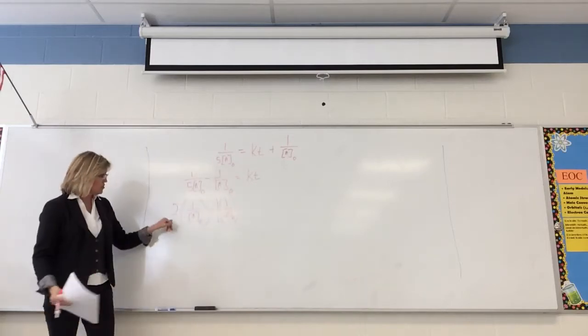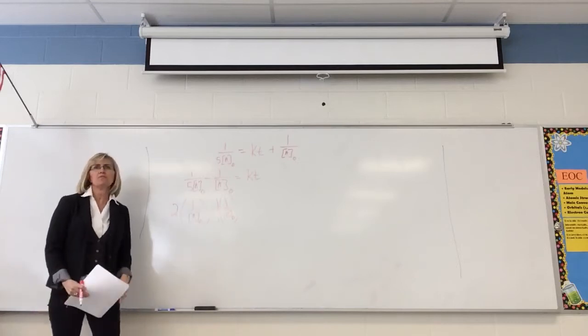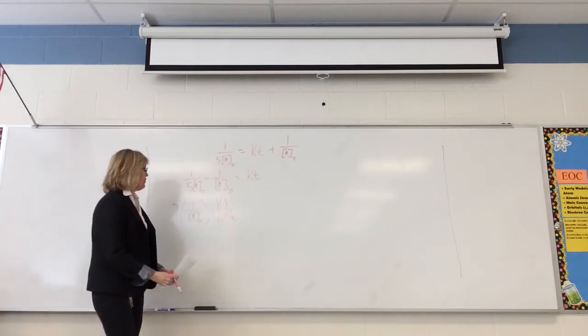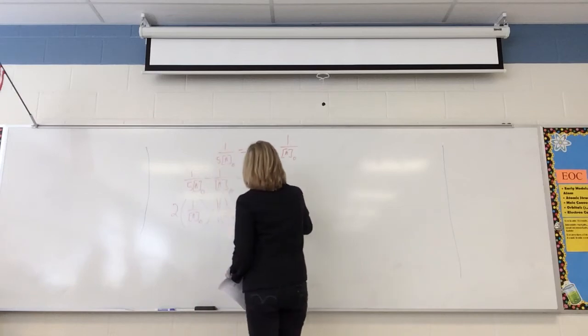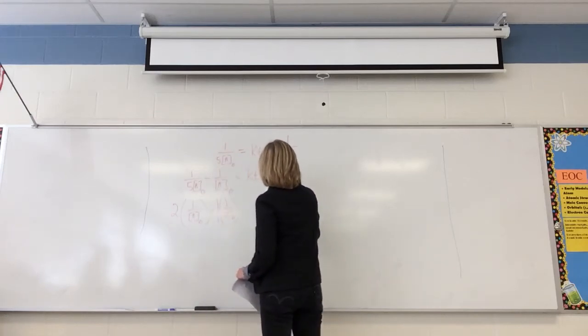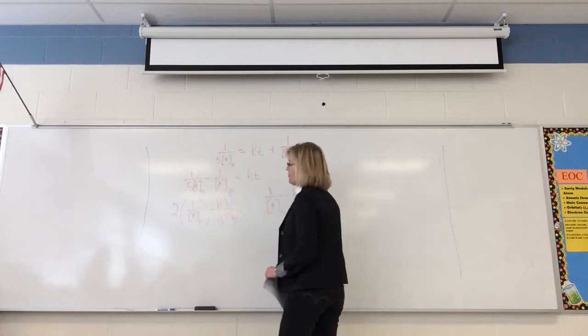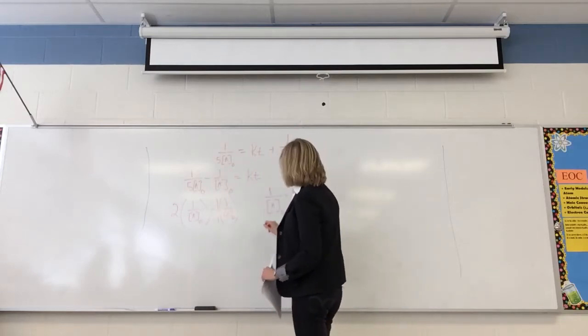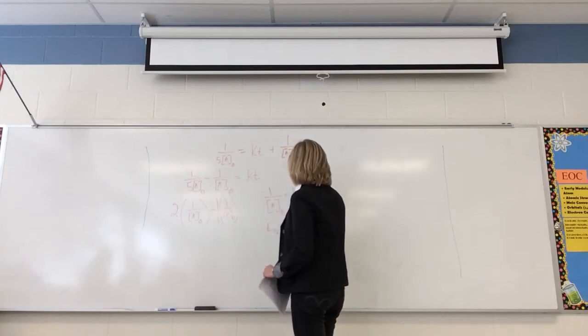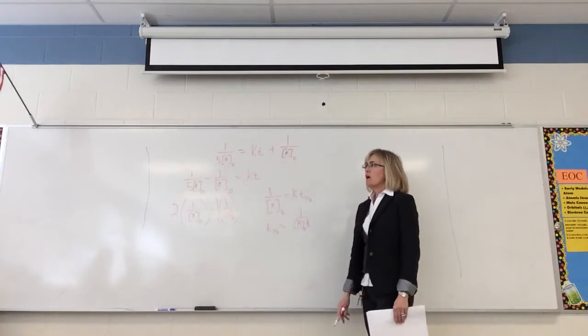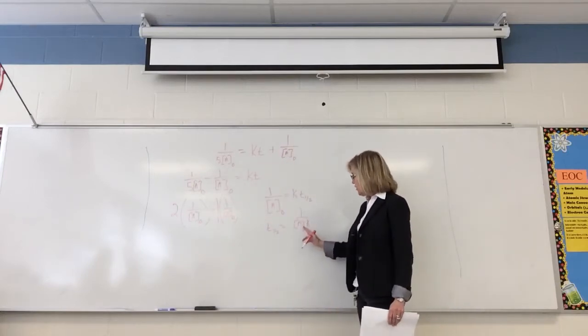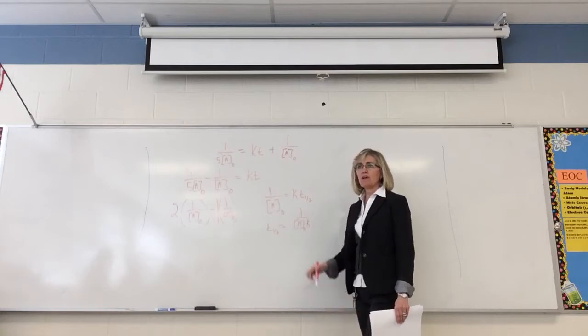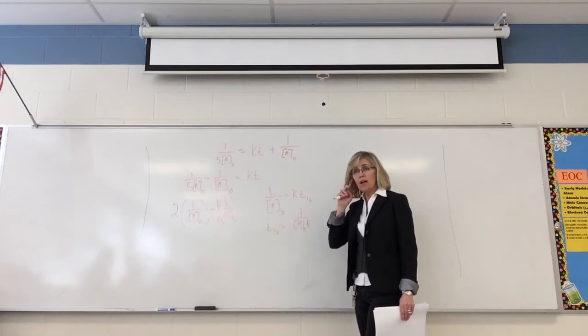All right, so 2 of these minus 1 of these simplifies to 1 over the initial concentration is equal to kt, which is the half-life here, right? Or the half-life is equal to 1 over k times the initial concentration, right? Okay, so this is what you would have to do to get the half-life of a second order reaction.